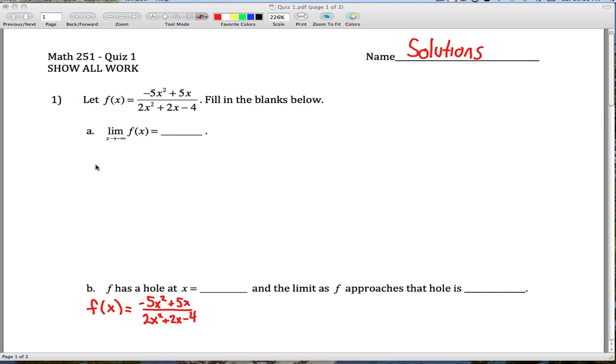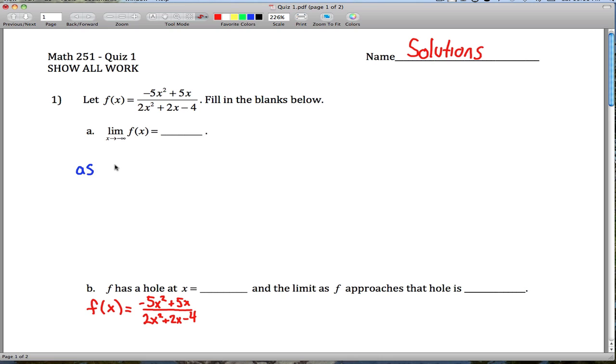To figure that out, we take advantage of the fact that as x approaches negative infinity, this function we have, f of x, is going to "act like" negative 5x squared over 2x squared.